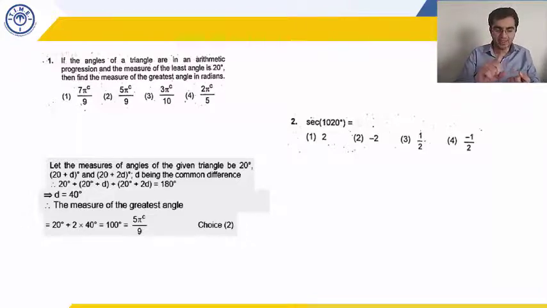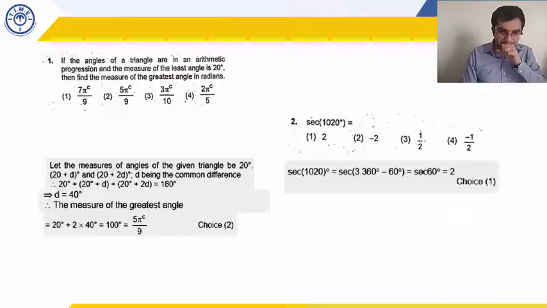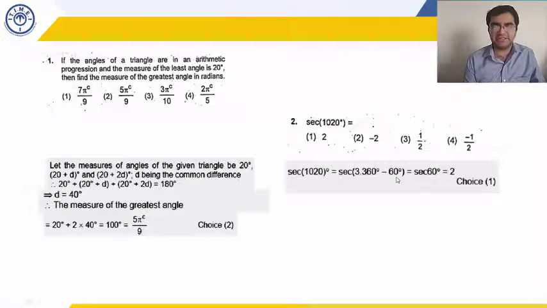So you can write 360 plus 360, 720, plus 360, 1080. So basically you can write this as sec of 3 into 360 degrees minus 60 degrees. And this would be the same as sec of minus 60 degrees.